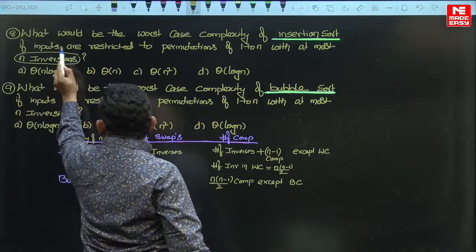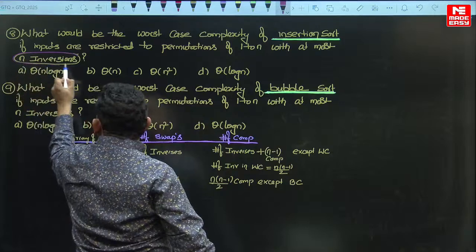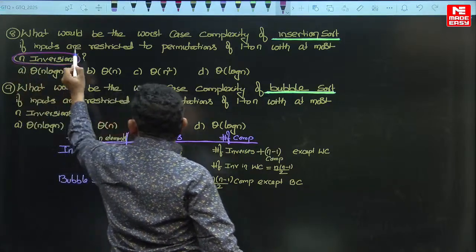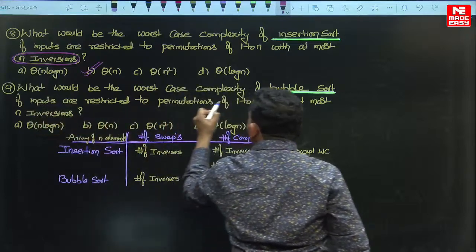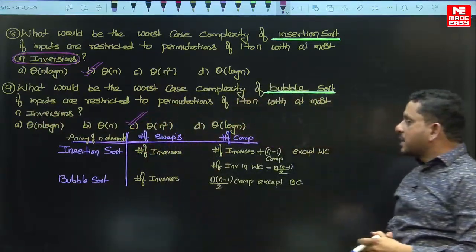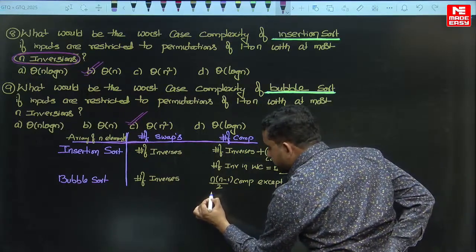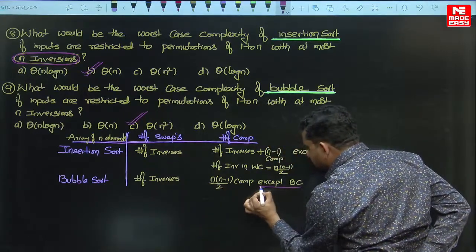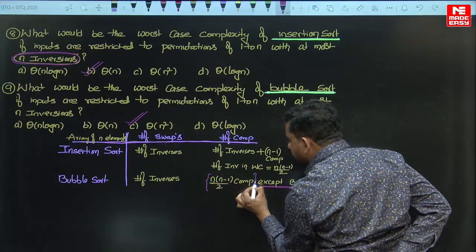If the array has a smaller number of inversions, then the time complexity of insertion sort is guaranteed to reduce, but the time complexity of bubble sort may not reduce, because except in the best case, the comparisons of bubble sort are n into n minus 1 by 2.